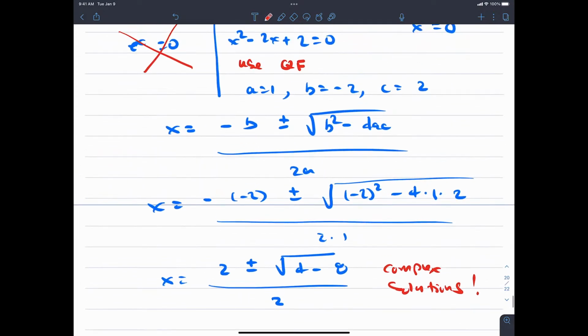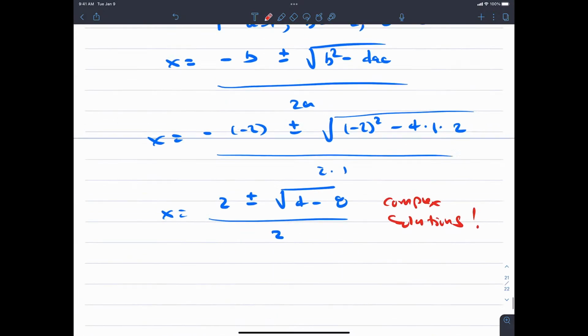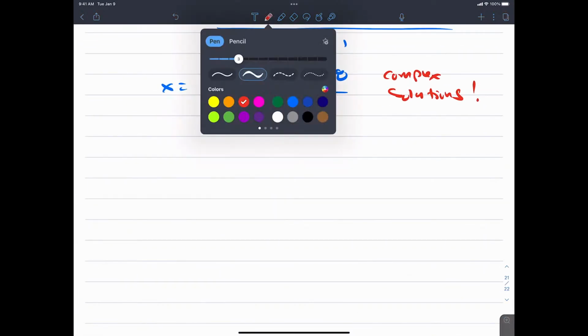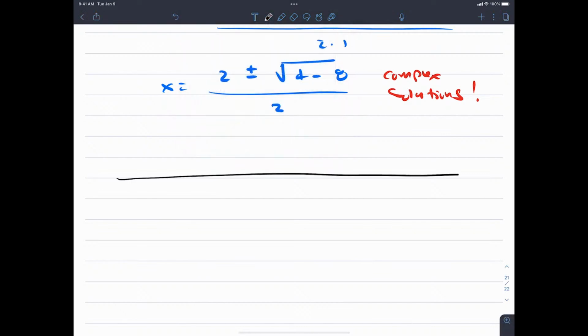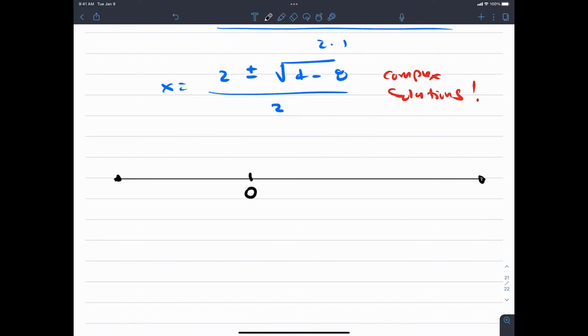So wait a minute. So far, if you had to do sign analysis, okay, you have that 0, and that 0 does what? This is region 1, and this is region 2. Is that true?